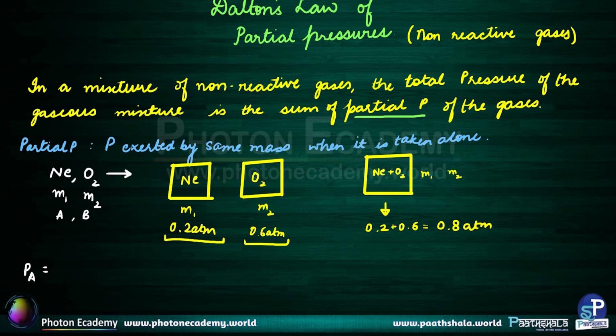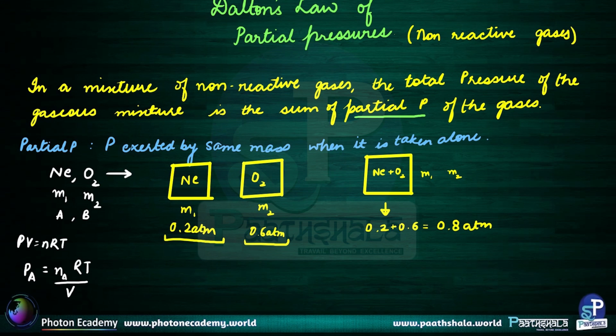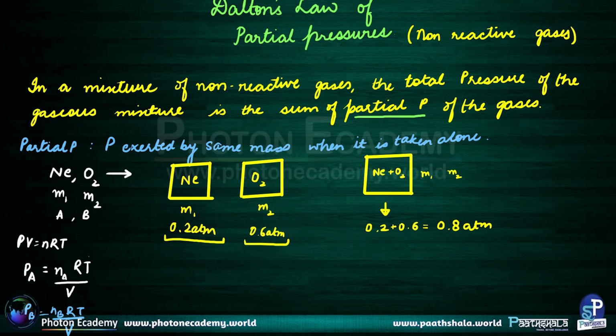The pressure by gas A can be written as Na, the number of moles of A, times R times T divided by V, using the ideal gas equation PV equals nRT. Similarly, the pressure exerted by B is number of moles of B times R times T divided by V. Remember that we've kept both of them at the same conditions of temperature and volume, so these will be the same for both.